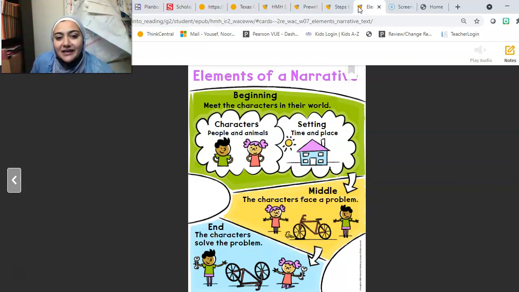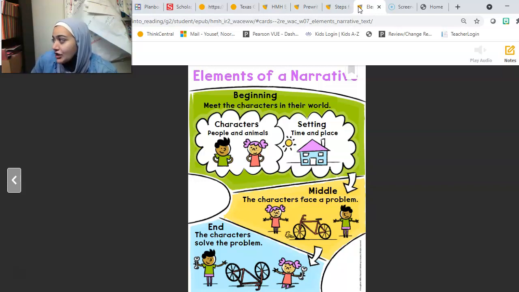In a narrative, you're going to need a beginning, middle, and end. So in the beginning of the story, there should be the characters and setting. So meet the characters in their world. Characters can be people and animals, and settings can be time and place.